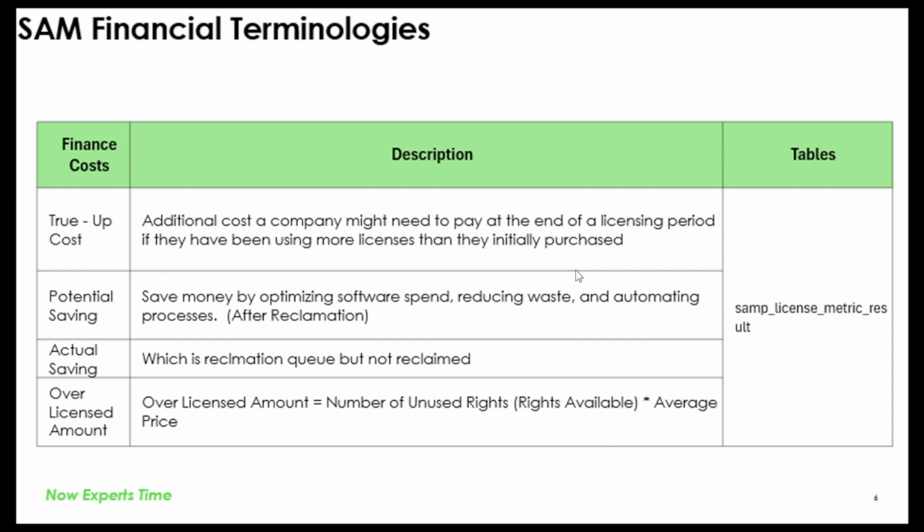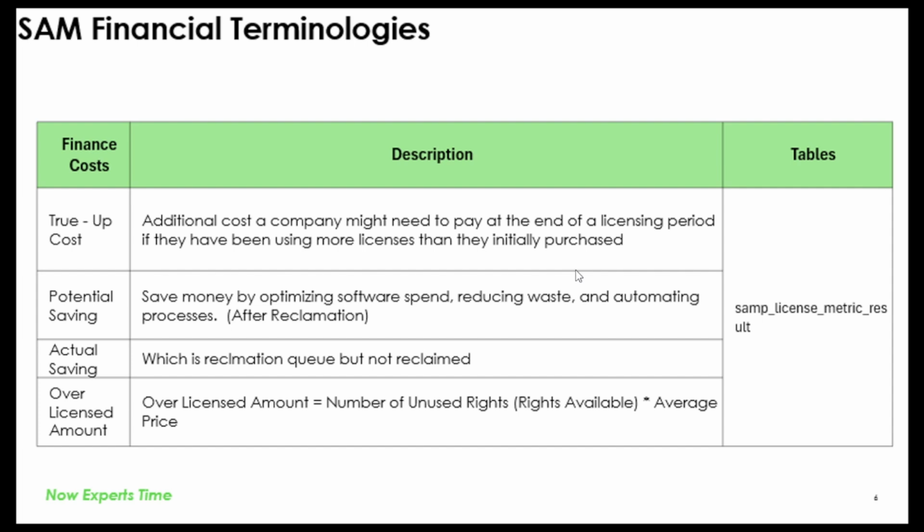So the first point is true up cost. What does it represent? For example, the business purchased 1000 licenses. Unfortunately, 1500 users are using this license. How much cost do we need to pay to Microsoft or some other publisher, and how can I identify it?